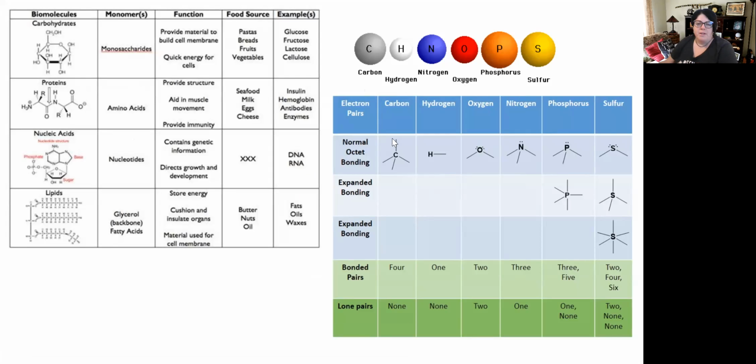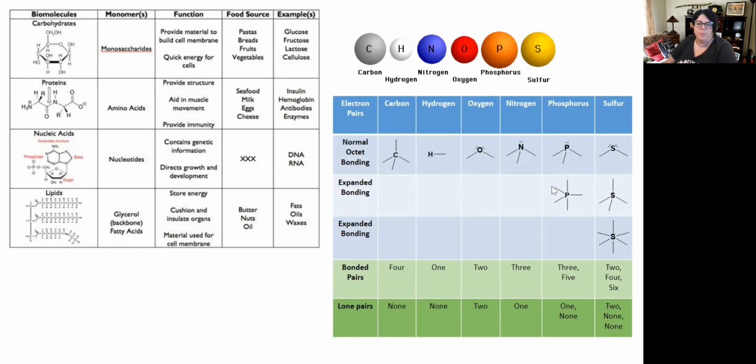It is important when we're looking at chemical structures to remember how many bonds these particular elements can make. If you look at this chart here, the top row is really the most important for what we want to do. Carbon can make 4 bonds, hydrogen makes 1, oxygen makes 2, nitrogen makes 3, phosphorus makes 3, and sulfur makes 2.